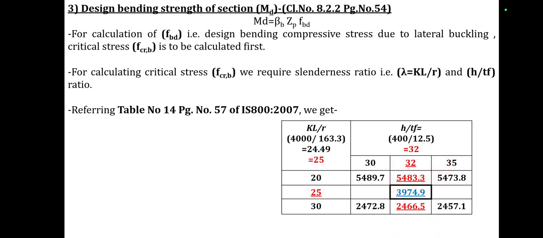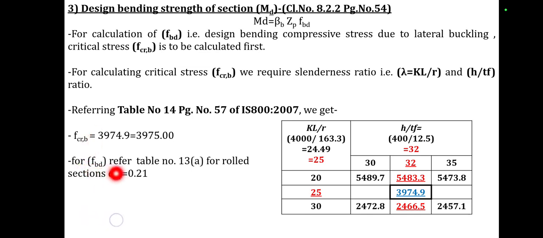From these two values, for KL upon R 25 and H upon TF of 32, this value is calculated, and hence our value of FCRB is equal to 3974.9, which is approximately equal to 3975.